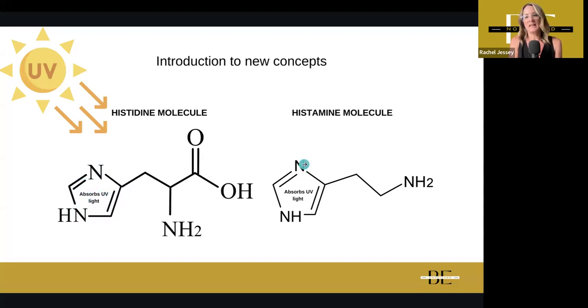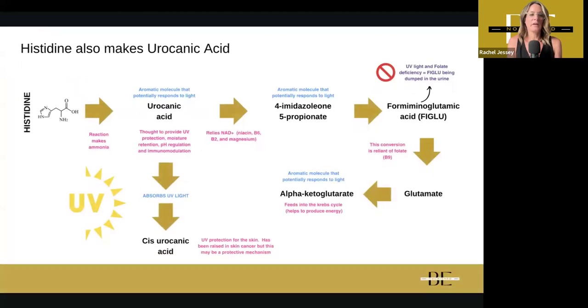And you can see with histamine, it's got exactly the same five-sided ring. So histidine and histamine have the ability to respond to ultraviolet frequencies. Now, what's really important here is that histidine doesn't just make histamine.